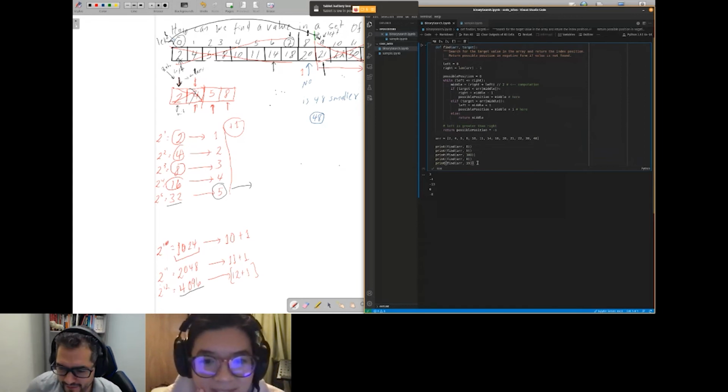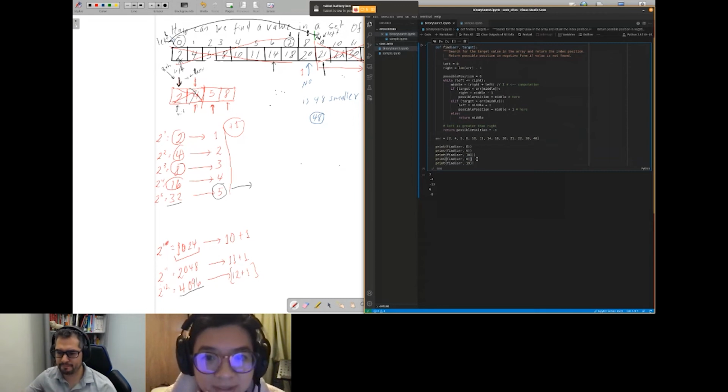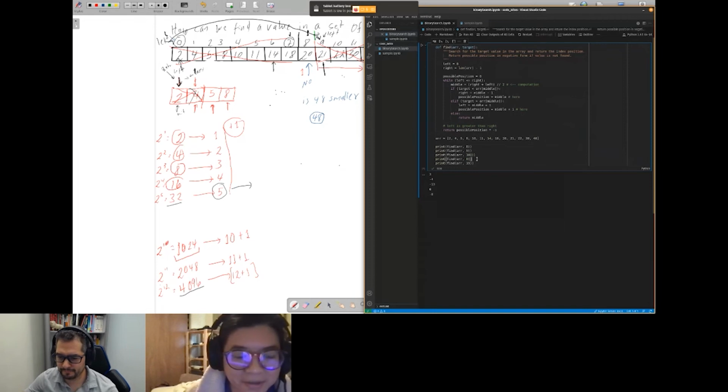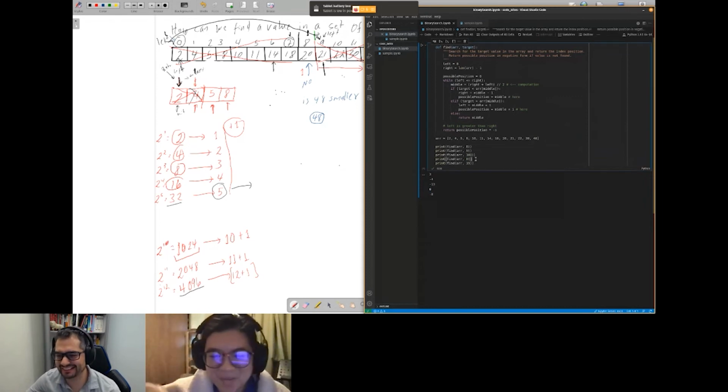And the reason why looking for 0 returns 0 instead of the negative form of possible position is because possible position is set to 0 already. There is no negative 0. This is a flaw in the algorithm, because you don't know if you found 0 or if it's just not there.